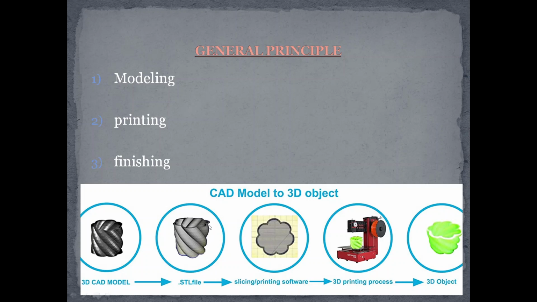Slicing, you can see here, is the top view of this object. Now this is our 3D printing process where the object is printed, and this is the 3D object, the final object. So guys, I will discuss what modeling is.